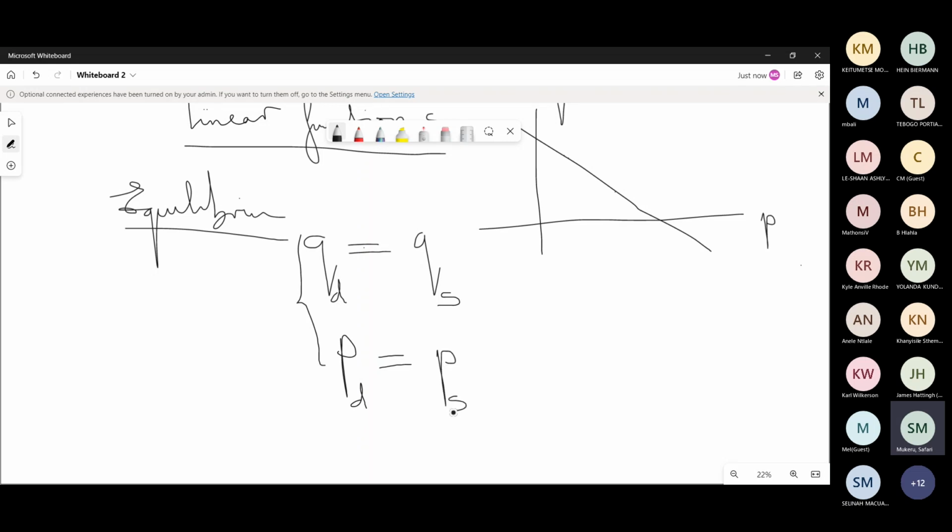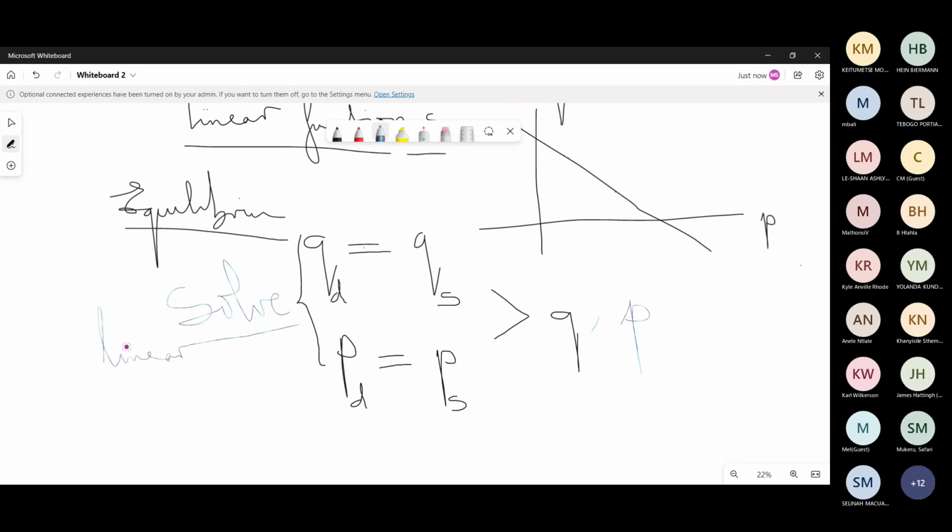When you solve these two equations, you obtain what we call the equilibrium point, Q and P. It's important to be able to solve a system of two linear equations, right?